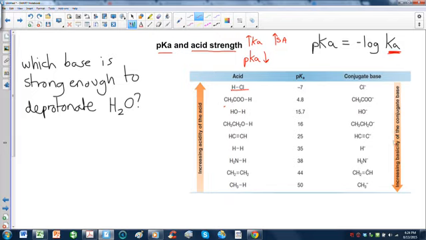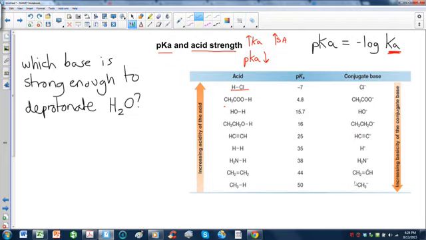So when you look at this arrow, you'll see the base strength increases as you go down the table. As you go down, the base strength increases as the acid strength decreases. So a strong acid gives a weak conjugate base. In the same way, a really weak acid, where it's very difficult to remove the hydrogen, gives a really strong conjugate base.